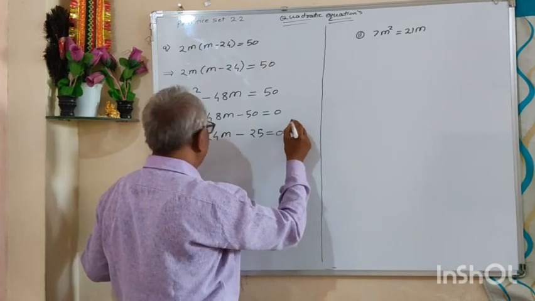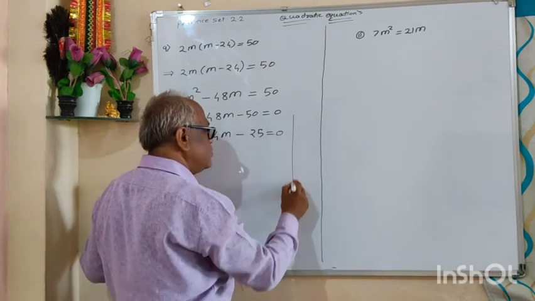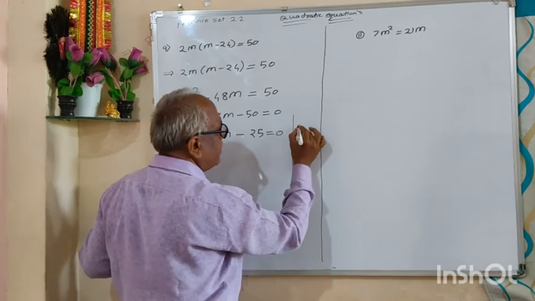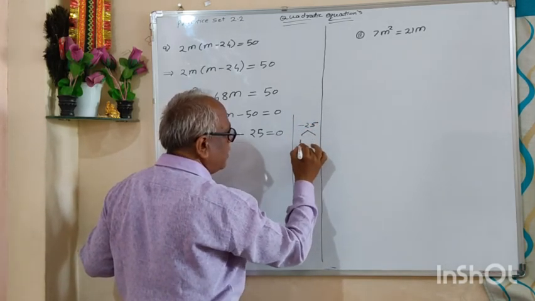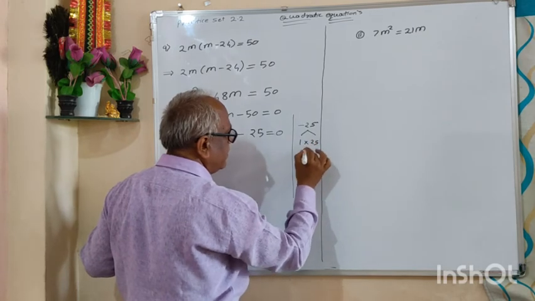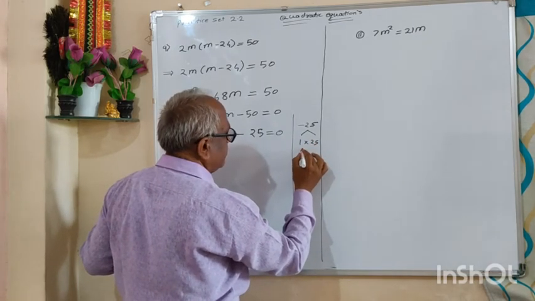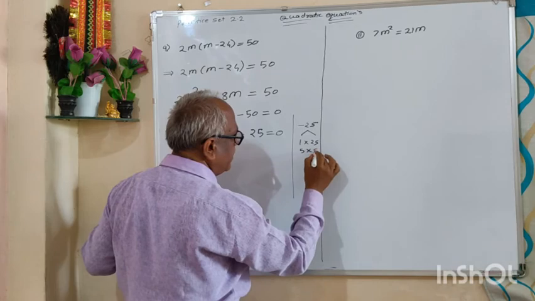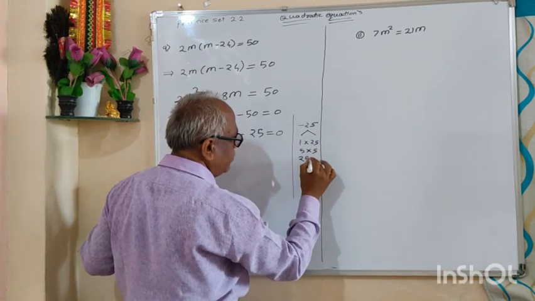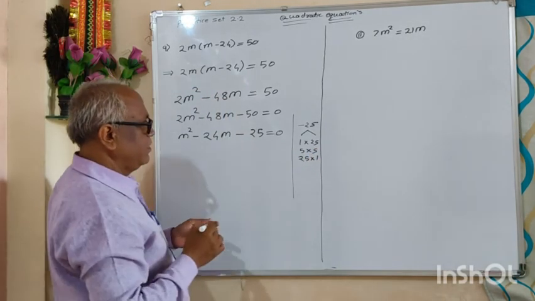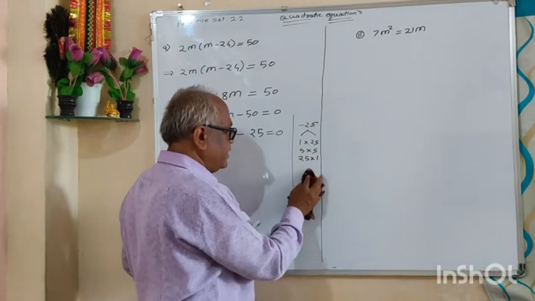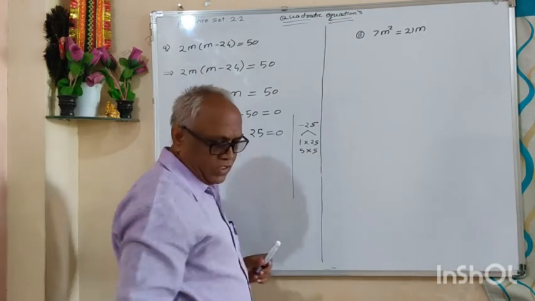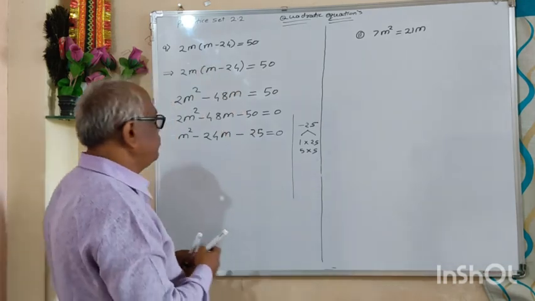Now the coefficient of m square is 1. So 1 into this minus 25, that is minus 25. Factors of this are 1 into 25 and 5 fives are 25. Now give the middle term sign to the greater number.